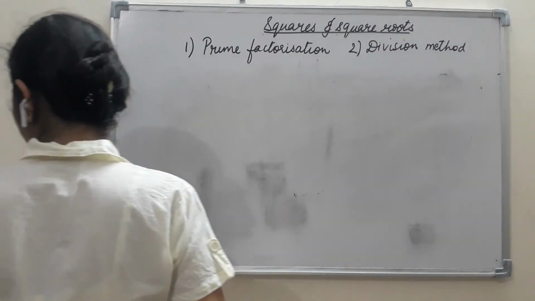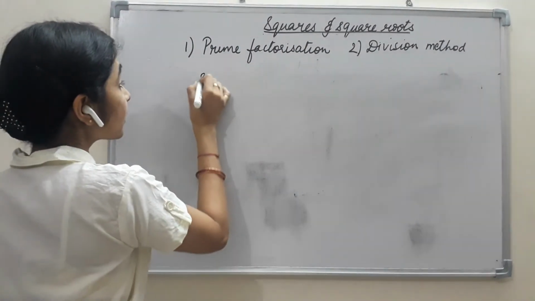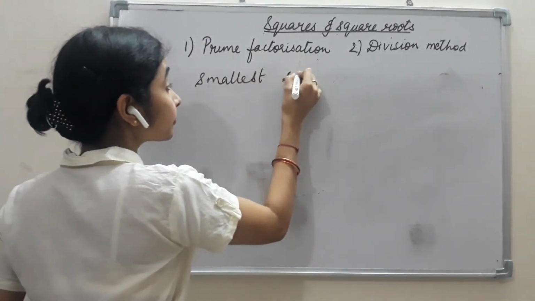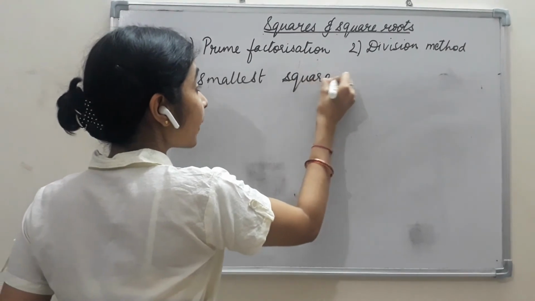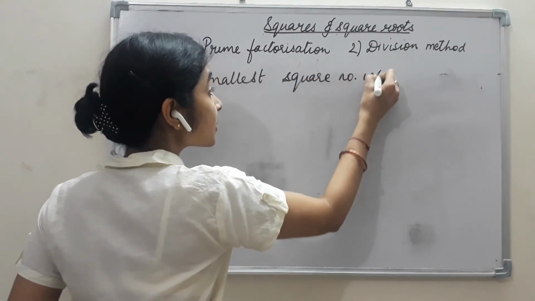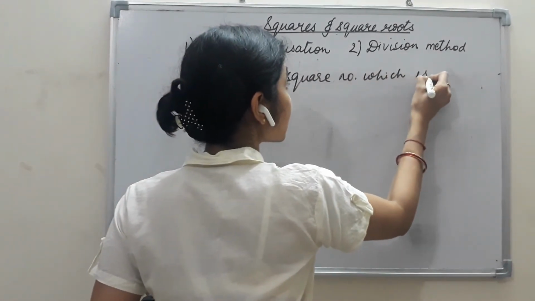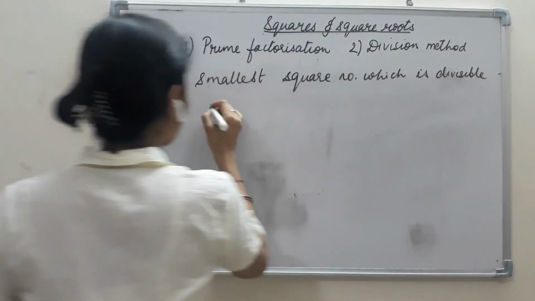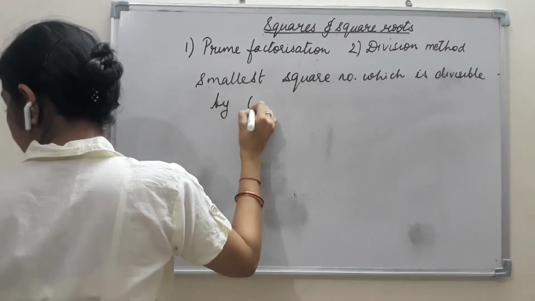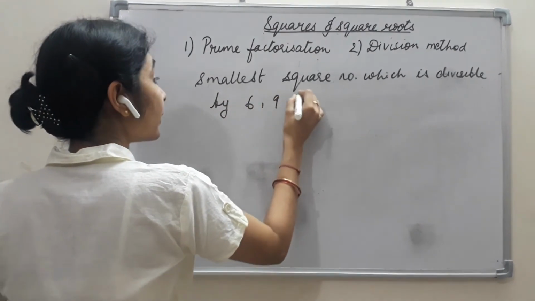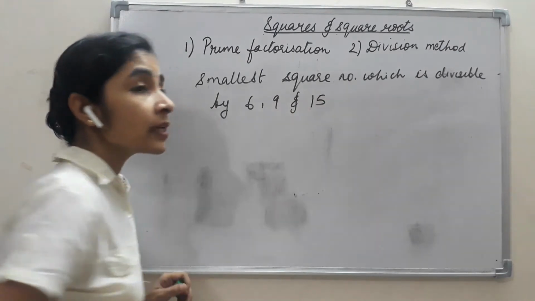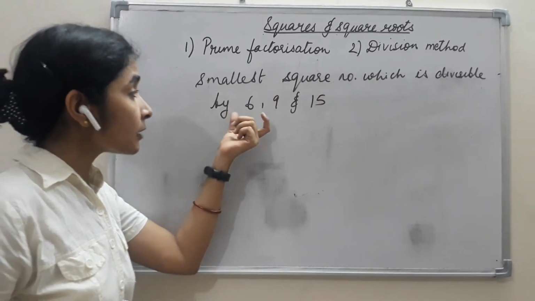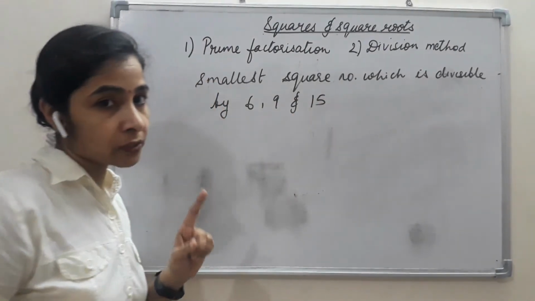Find the smallest square number which is divisible by 6, 9 and 15. We are supposed to find a smallest square number which is divisible, means they should be divisible by these also and it should be a perfect square number also.